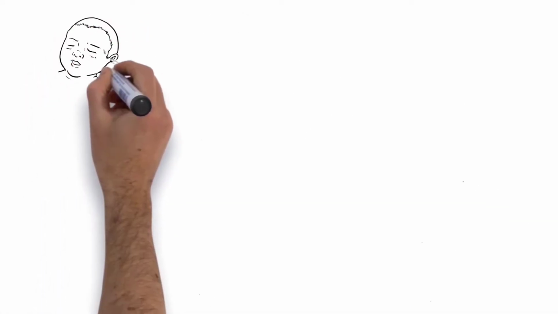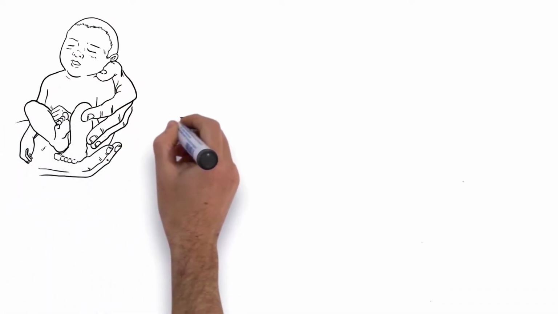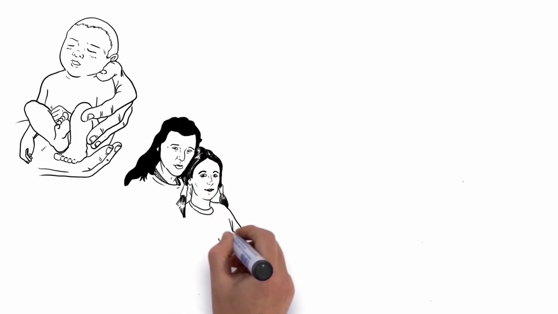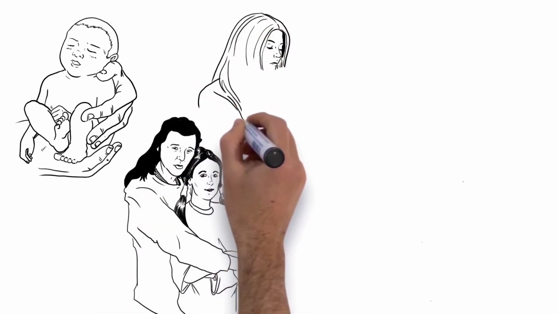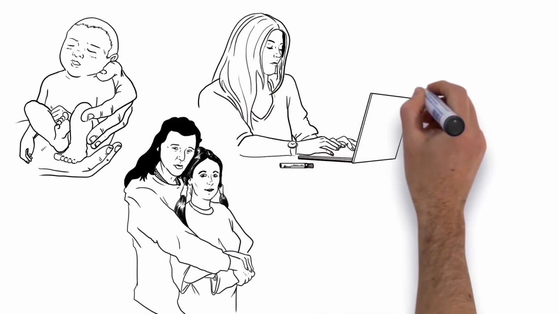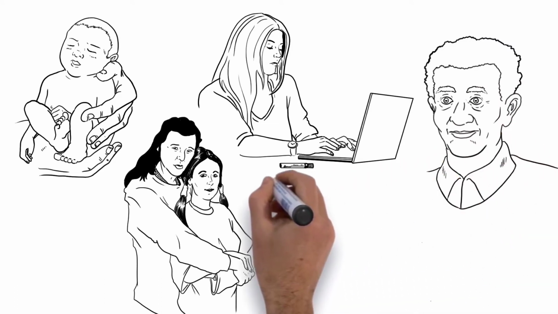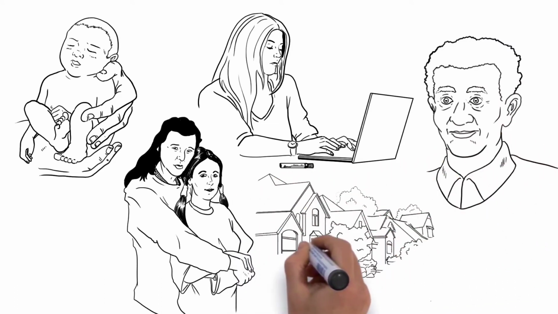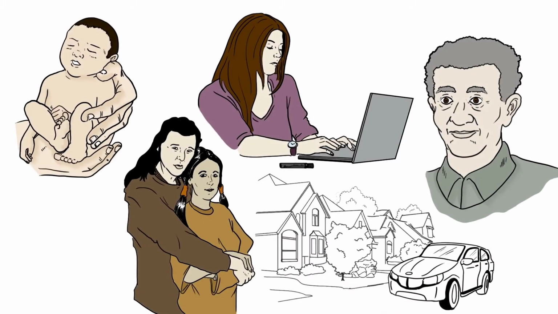The World Health Organization defines social determinants of health as the conditions in which people are born, grow, live, work, and age. These circumstances are shaped by the distribution of money, power, and resources at global, national, and local levels.